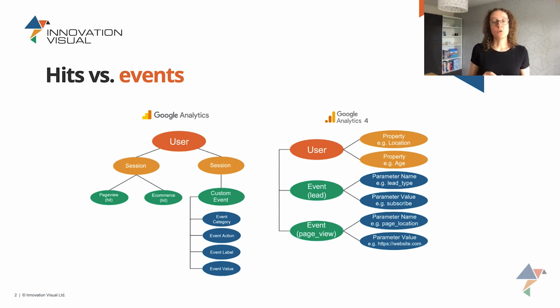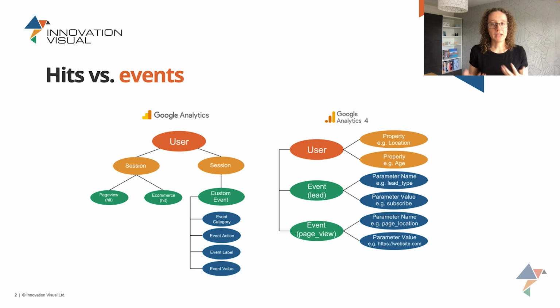Now, GA4 is different in that it doesn't use hits anymore. Everything is an event. And so each event will have specific parameters associated with it. You can have up to 25 parameters, which is a massive difference compared to the 4 previously. And some of these can be automated as well.